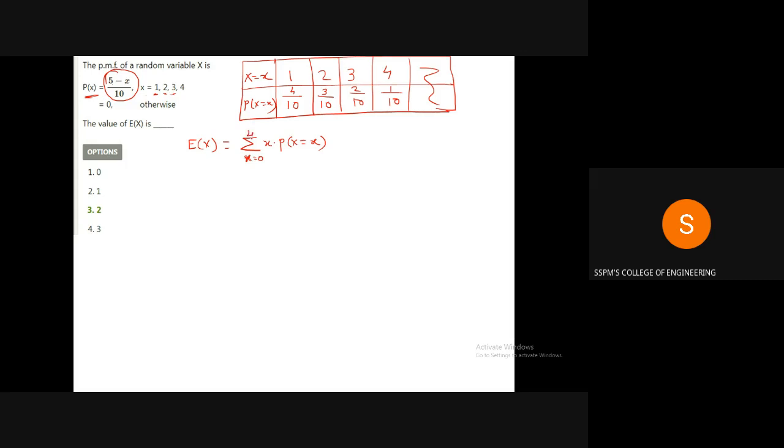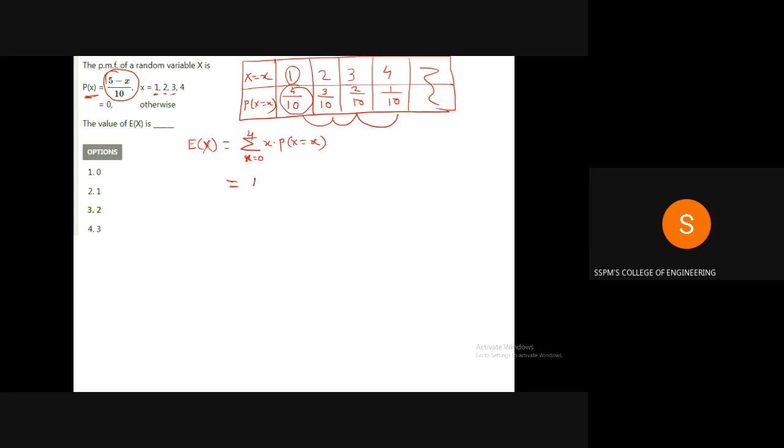Here it is 4. Very easy to find: you just have to multiply these two numbers for every value in the distribution, and add them all.